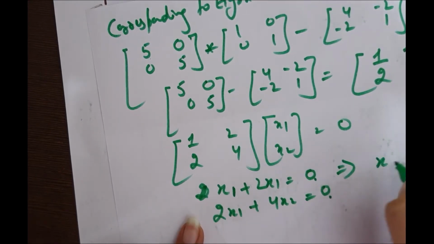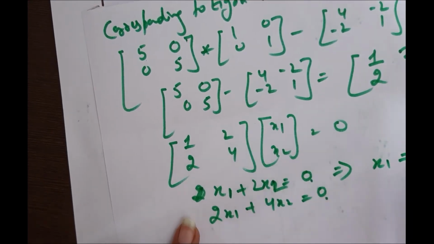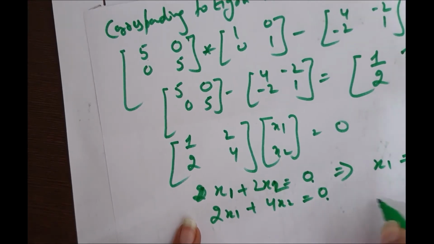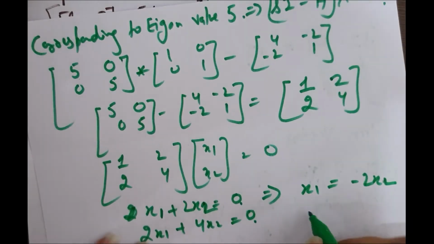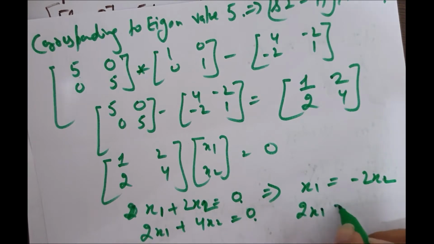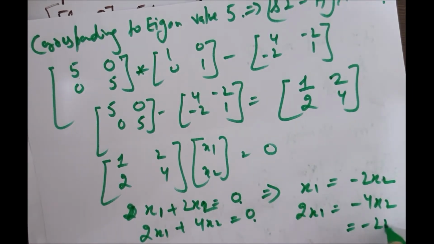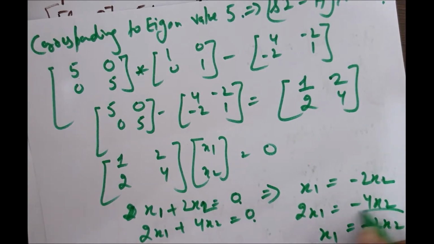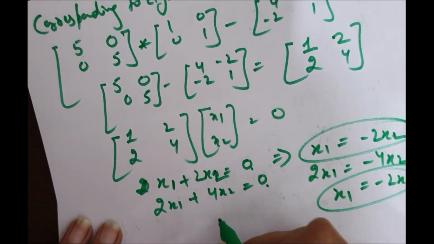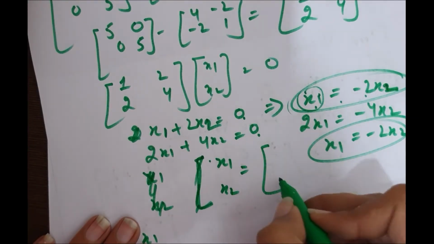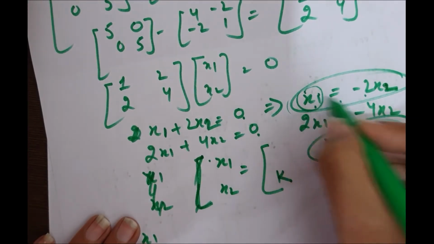So x1 in this case comes out to be minus 2x2. Here in this case also x1 comes out to be minus 2x2. In both cases, if x2 is k, then x1 would be minus 2k.